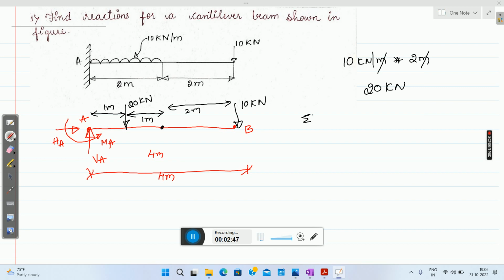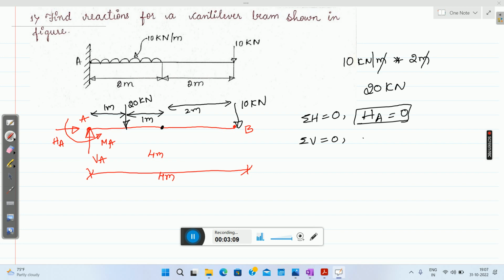So first apply the equilibrium conditions, sigma H equals 0. So no horizontal forces, or else you can write HA equals 0. So this HA equals 0. So next apply the second condition, sigma V equals 0.